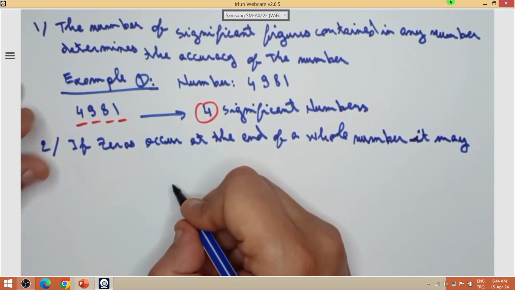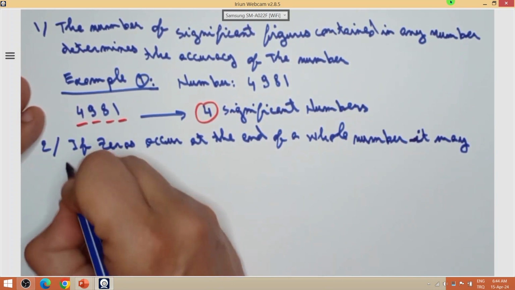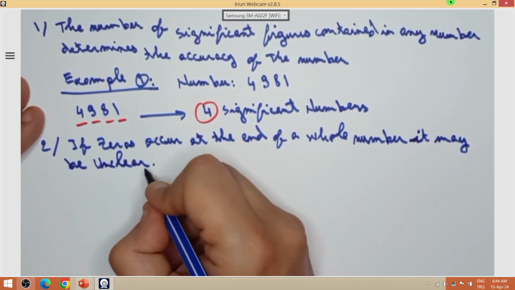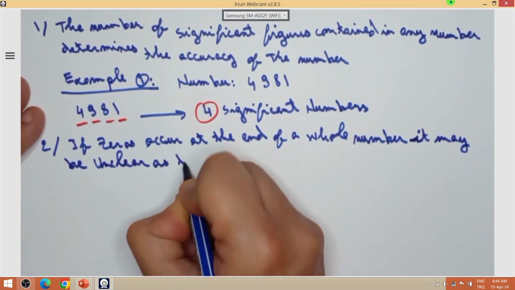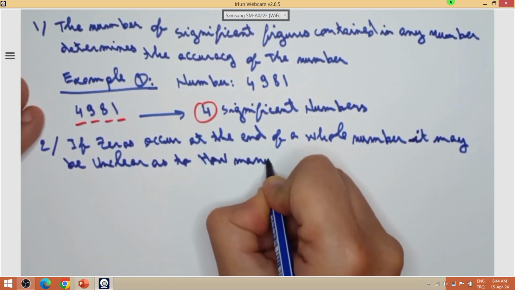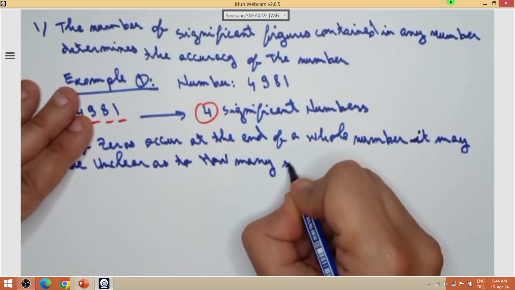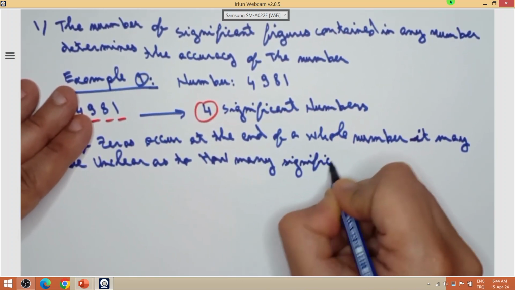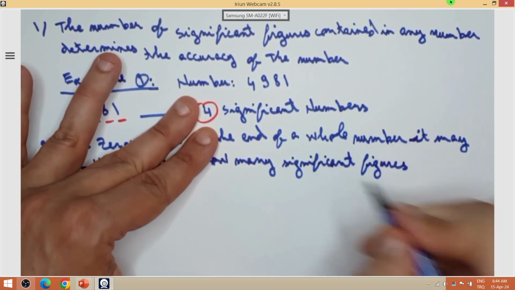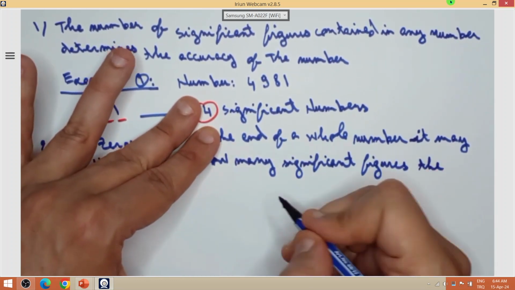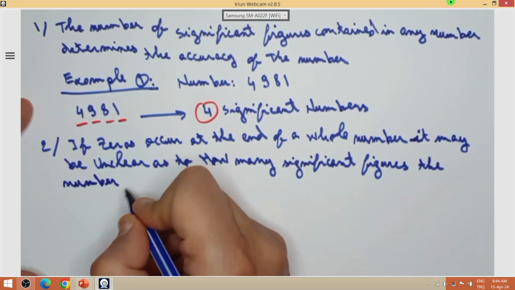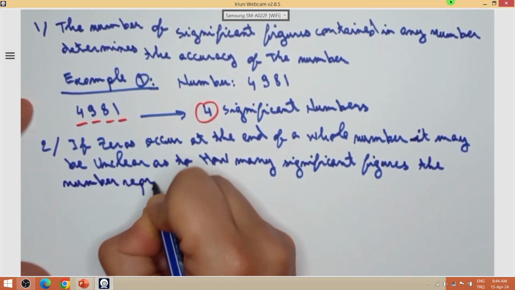So we can write down: it may be unclear as to how many significant figures the number represents.